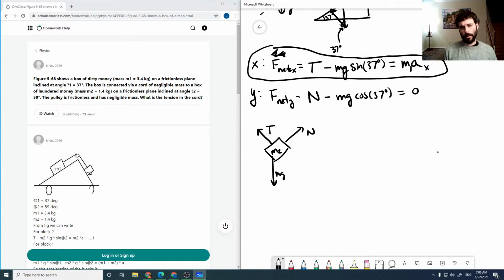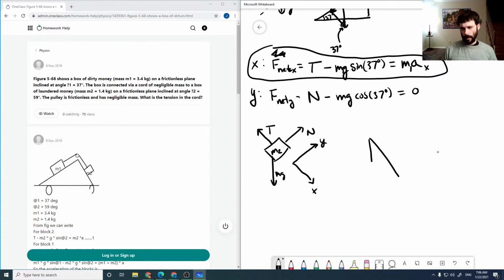I'm going to go ahead and define my axis system, and just so that it's moving in the same direction, I'm going to have x going down the slope and y going away from the slope. Going in the same direction as far as the positive direction of acceleration, so we don't have to worry about weird sign stuff.